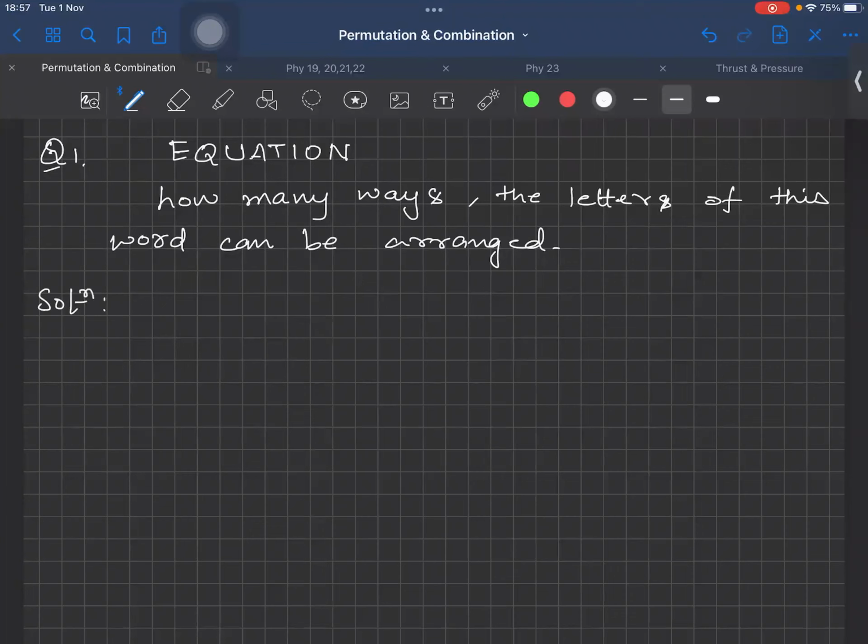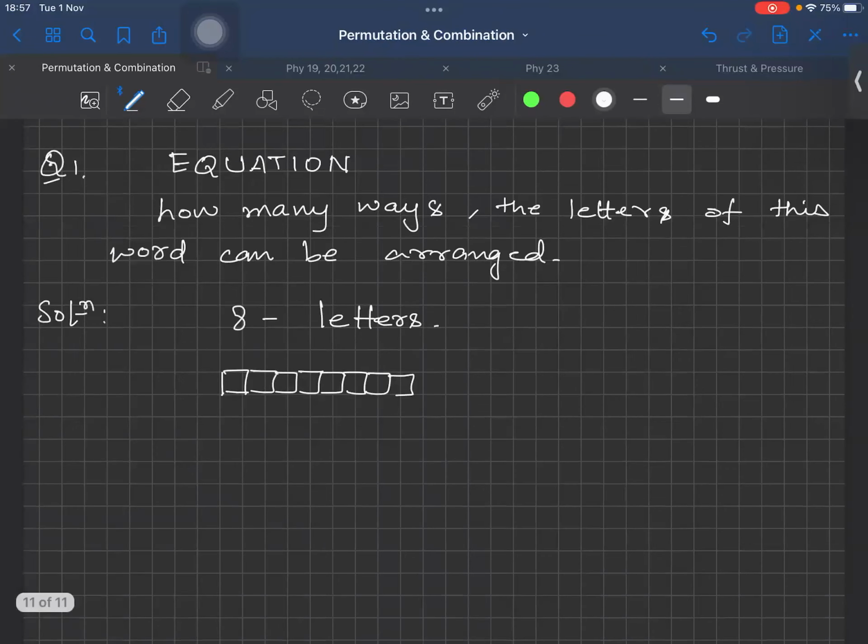See, there are total 8 letters, right? 8 factorial ways. But you have to fill all the 8 positions: 1, 2, 3, 4, 5, 6, 7, 8. So first you can fill using either of E, Q, U, A, T, I, O, N. All are different letters, right?